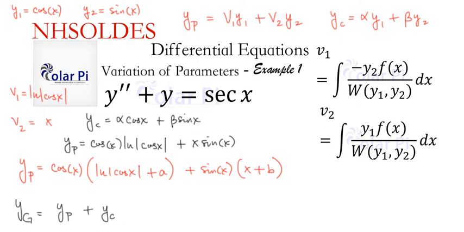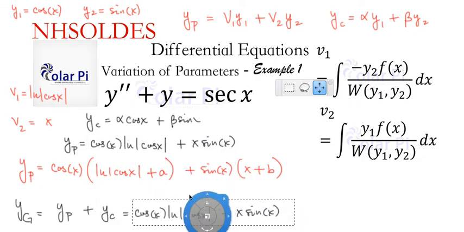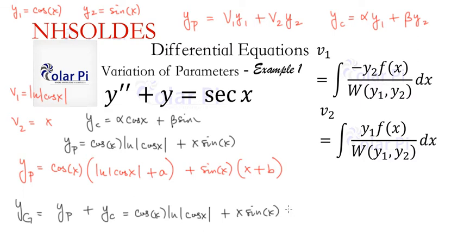So then our general solution, which is the particular solution plus the complementary solution, would have been equal to, the particular solution is right there. I'll actually copy and paste it to save time. So it would have been the particular solution plus the complementary solution, which I'll also try to copy and paste.